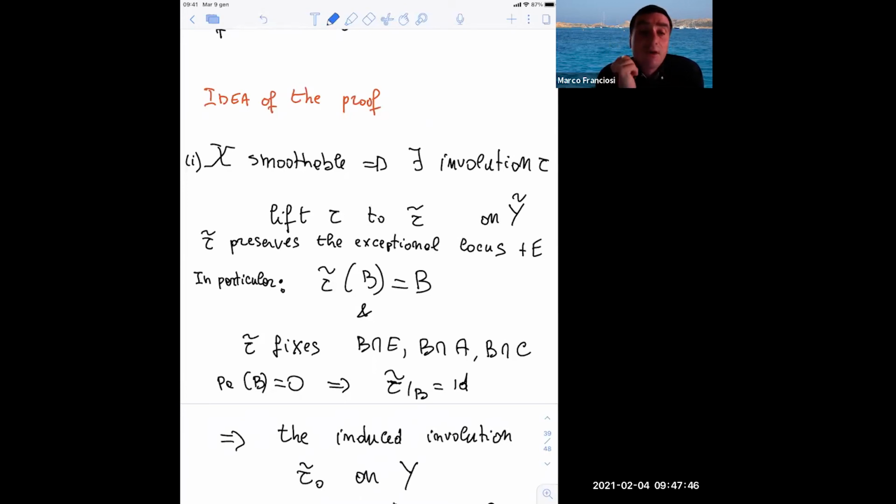So preserving this configuration and the exceptional divisor E means that tau tilde of B is equal to B. Moreover, tau tilde fixes the intersection points with E, A, and C. But the genus is 0, and we have an involution which fixes 3 points, then it is the identity.